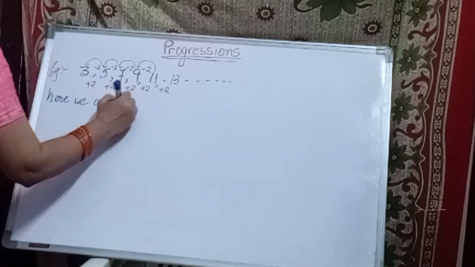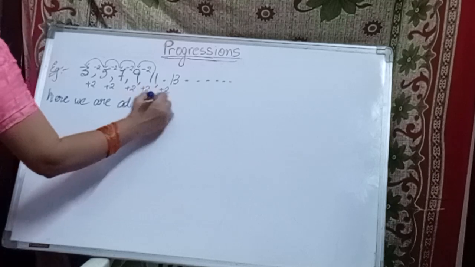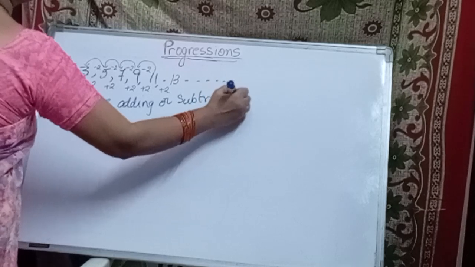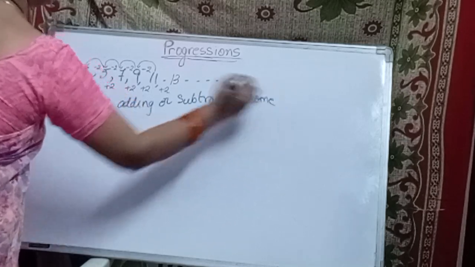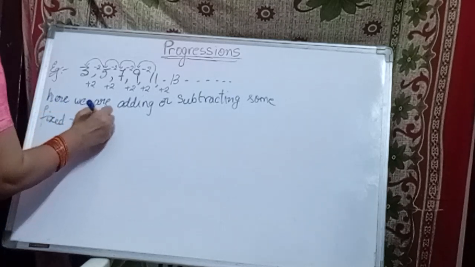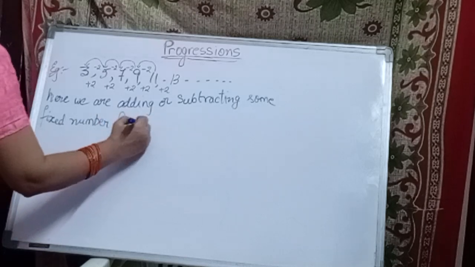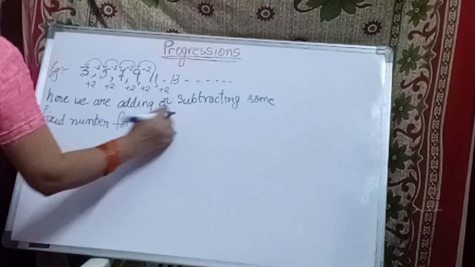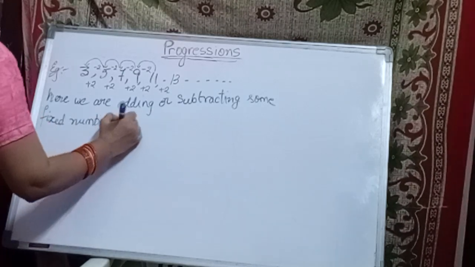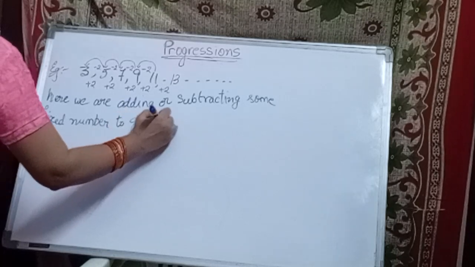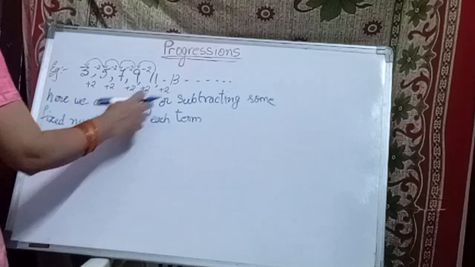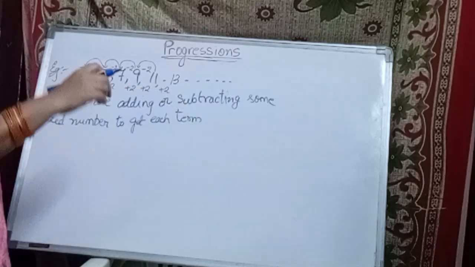Right? So here we are adding or subtracting some fixed number for each term. A fixed number to get each term. Right? Here we are adding or subtracting some fixed number to get each term.